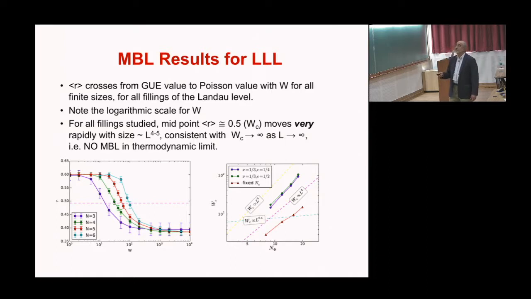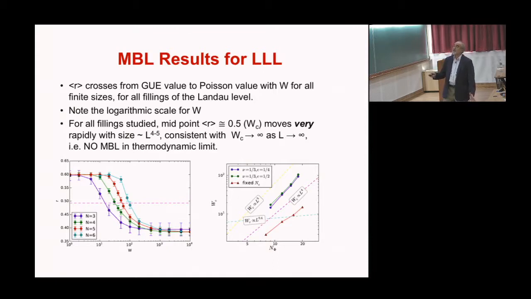What you find is the curves shift quite a bit to larger disorder. If we take the midpoint, for example, and plot how what we call the critical disorder changes with size, we find that it is scaling as some 4th or 5th power of the linear dimension of the system. It is moving out to large values of W very, very fast.